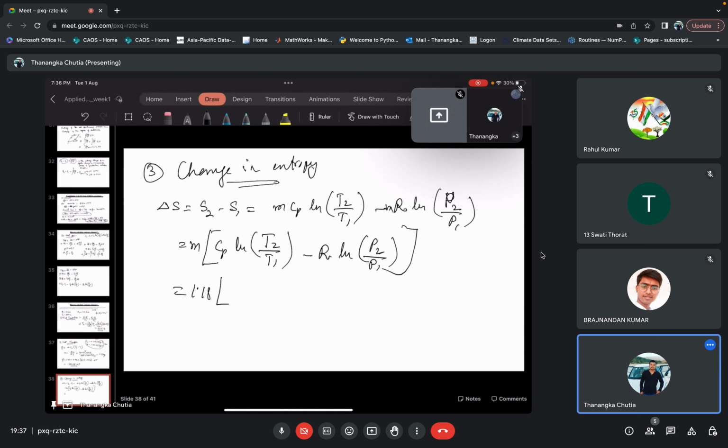So 1.18, Cp is 1.005 ln 152.5 by 523 minus 0.287 ln 3.5 by 12.